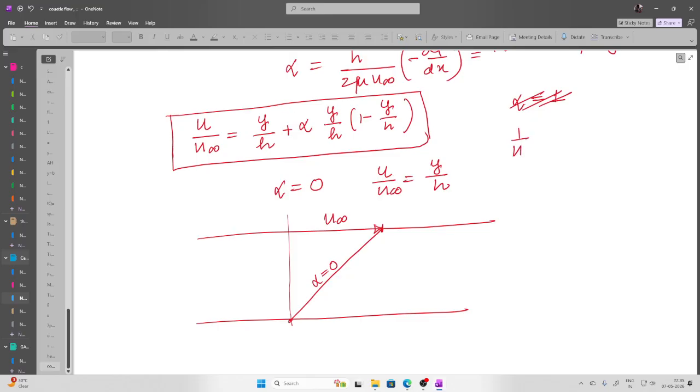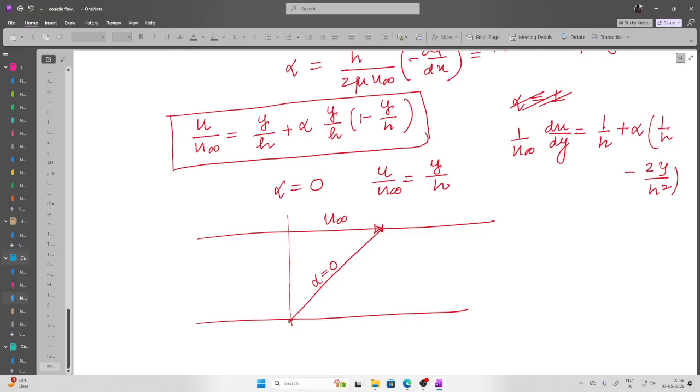So it is 1 by u infinity du by dy. So this will come out as 1 by h plus alpha, and this will go inside, so it is 1 by h minus 2y by h square.